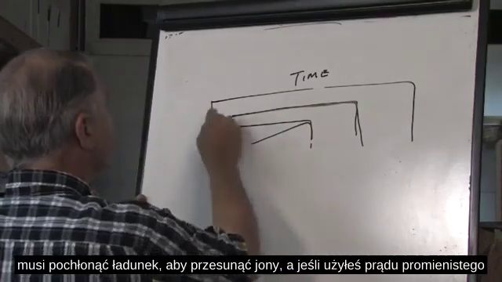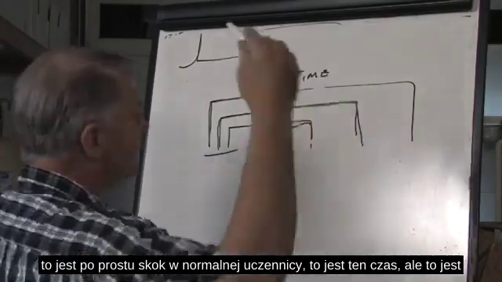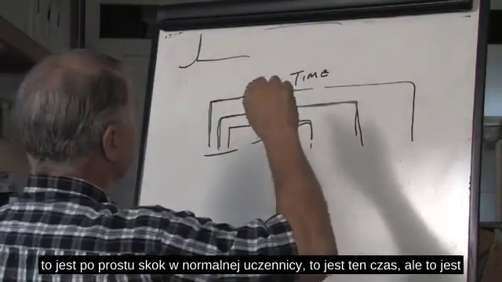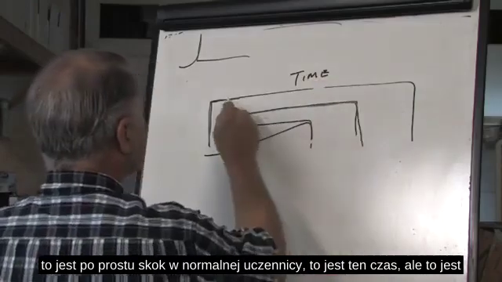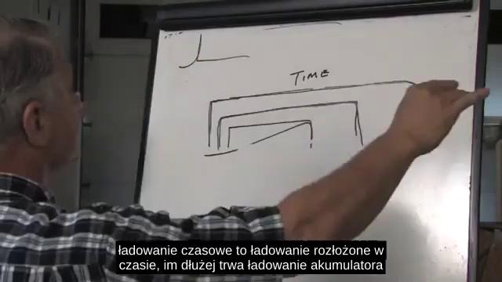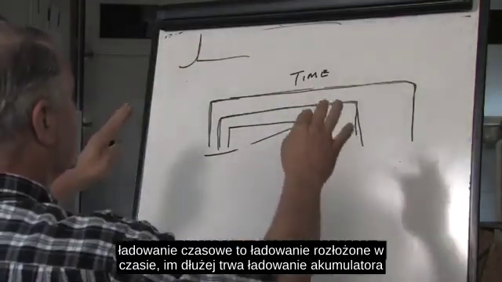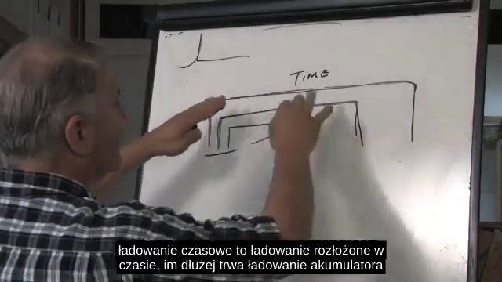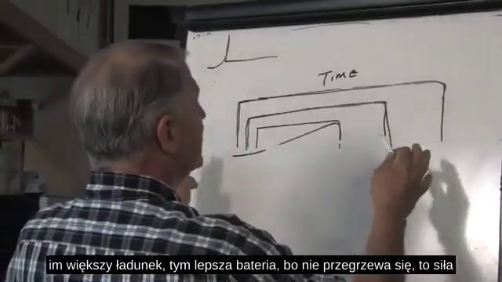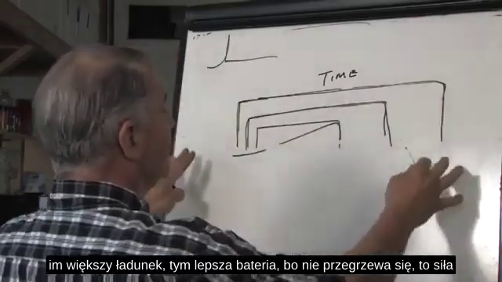And radiant current is just the spike in the normal charge, but it's a charge that's spread out over time, and the longer the battery takes the charge, the better the battery is, because you're not overheating.